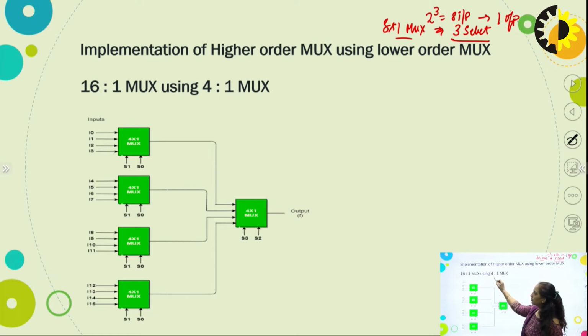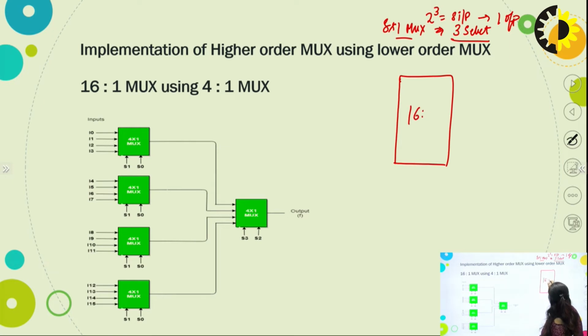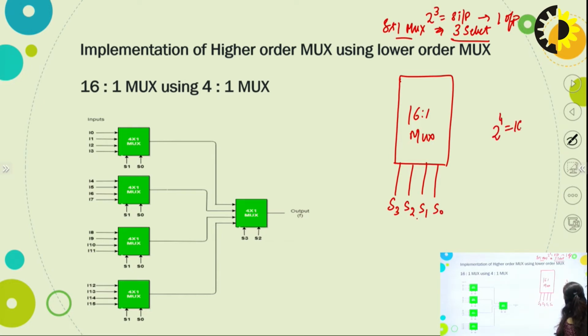This is the example of a 16 cross 1 mux using 4 cross 1 mux. If we need to design a 16 cross 1 mux, we must have 4 selection lines: S3, S2, S1 and S0. 2 raised to the power 4 is your 16 input lines, right?